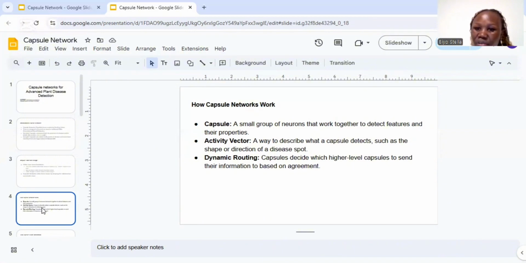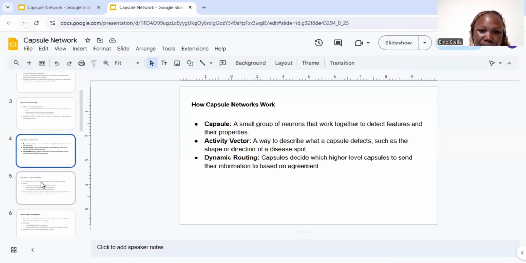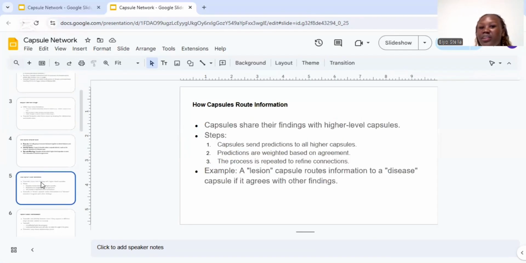Capsules decide which higher level capsule to send the information to based on an agreement. Go to the next slide, and we're going to see how these capsules route information. Capsules communicate in a refined way. They send predictions to higher capsules. Predictions are weighted based on agreement with others.